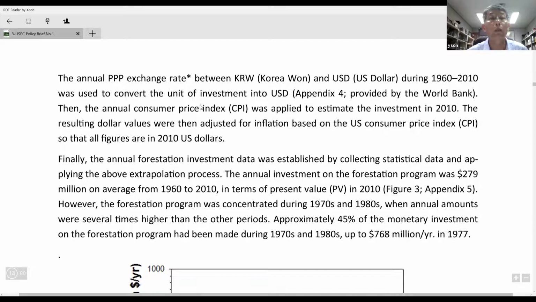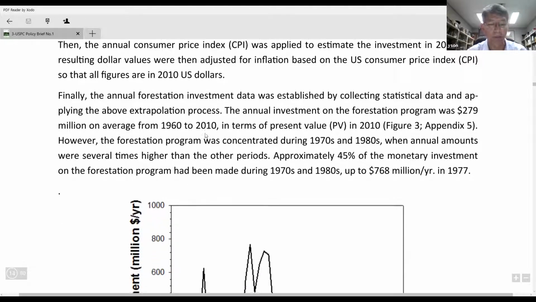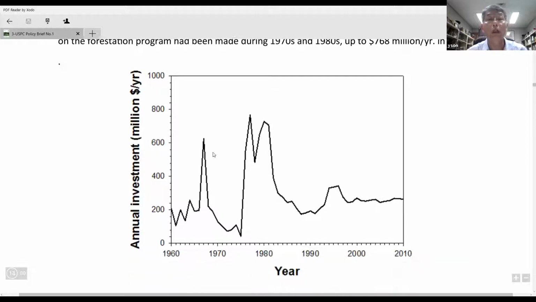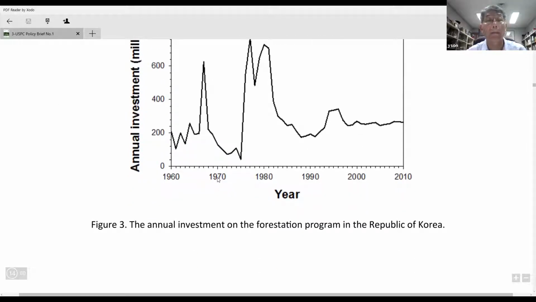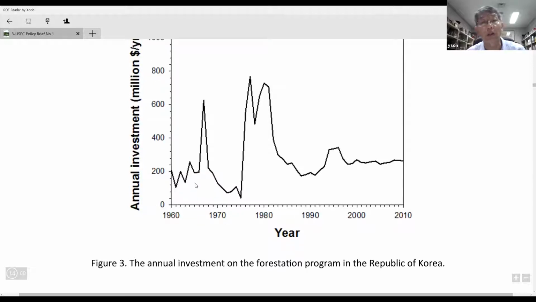And then we explained how we convert the monetary base from Korean won to US dollar and present value in 2010. I explained this already. So this figure shows monetary investments on reforestation.